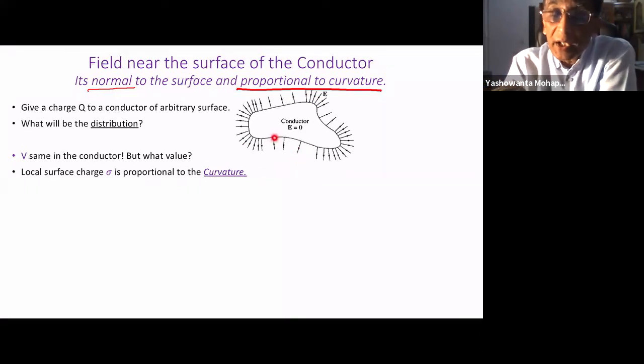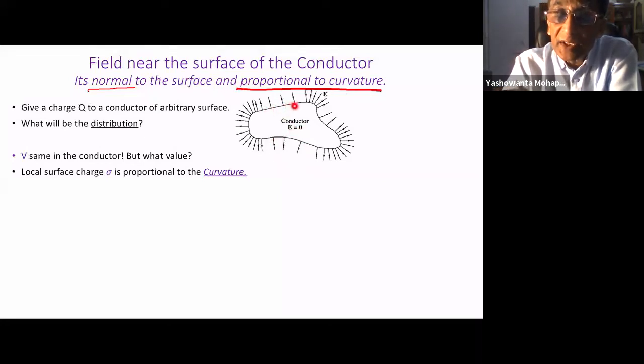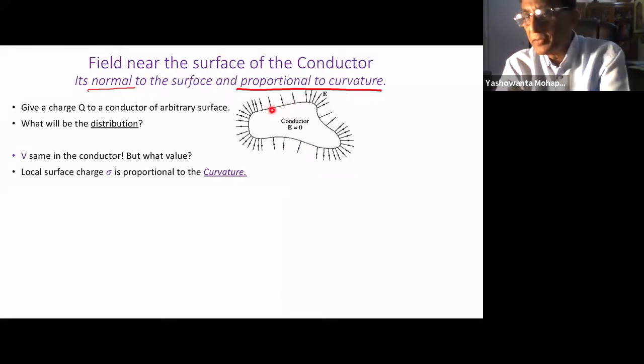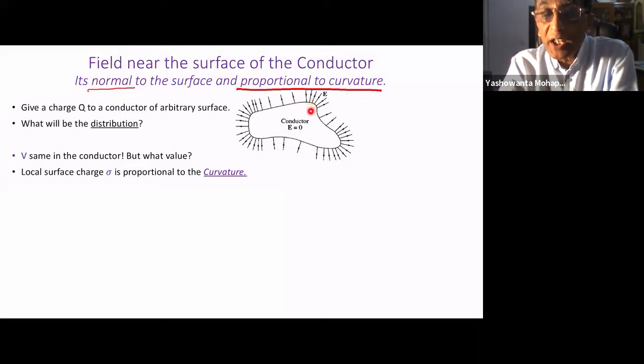Suppose this is the conductor, and of course E is equal to 0 inside. This is a flat surface, so there is uniform charge, and the field intensity is very high where there is a curvature. There is no curvature here, it is flat. Curvature meaning, this is of very high curvature, so high curvature means high field. The electrons tend to crowd around there, so there, of course, sigma would be high. Here, sigma would be low. Again, curvature here, no curvature here or very little curvature, and so it is uniform, and so on and so forth.